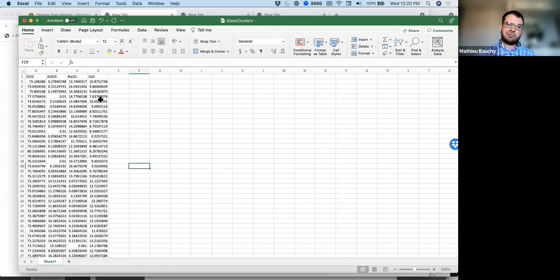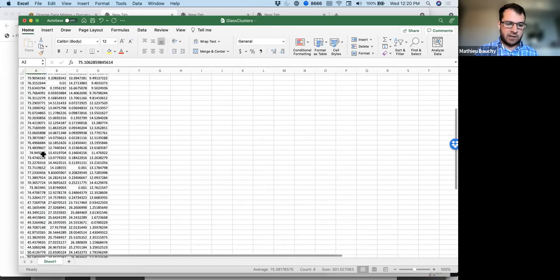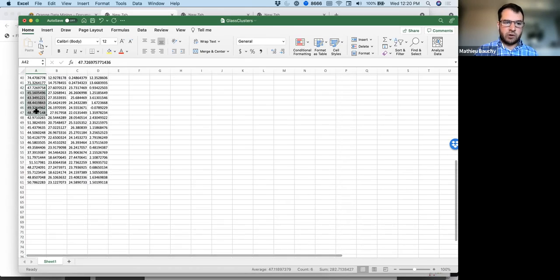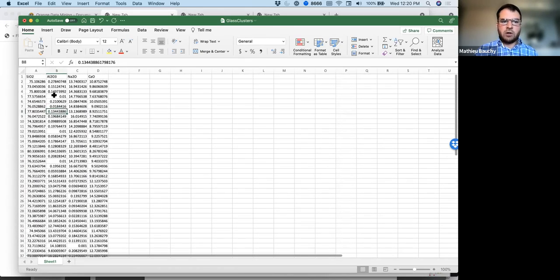And what we want to find is, within those glasses, some of them you will see have a higher amount of silica, some have a lower amount of silica, etc. We want to see whether, by looking at all those glasses, we can find some groups of glasses that look similar to each other.